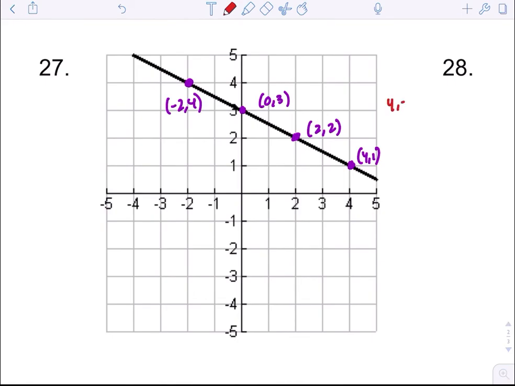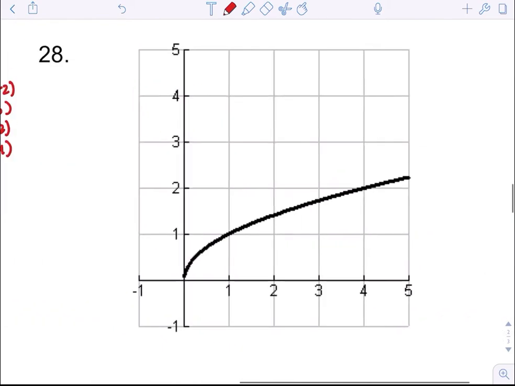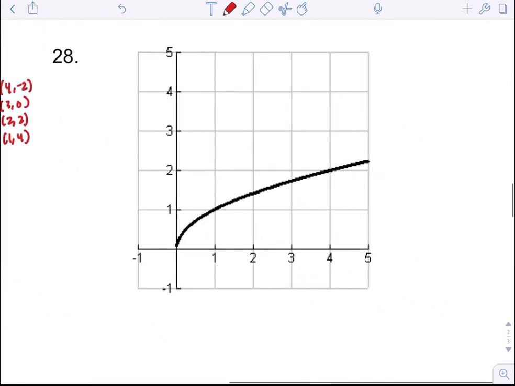So 4 comma negative 2, 3 comma 0, 2 comma 2, and 1 comma 4. And there's your graph.